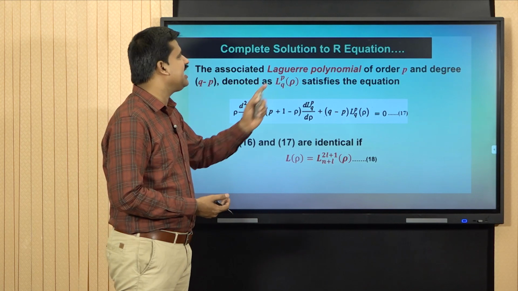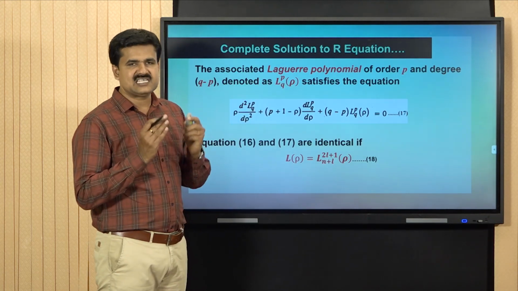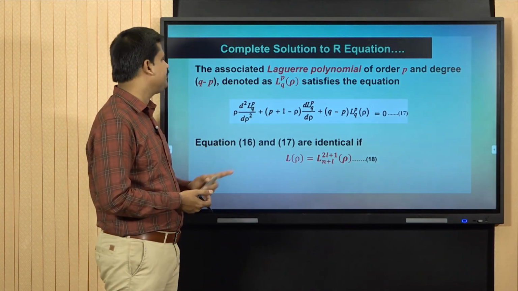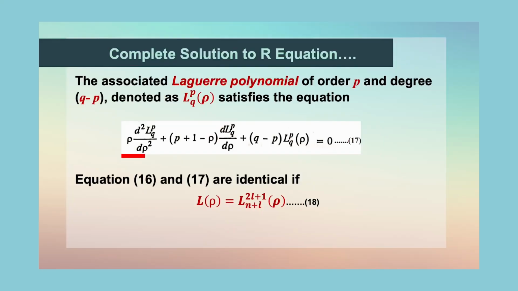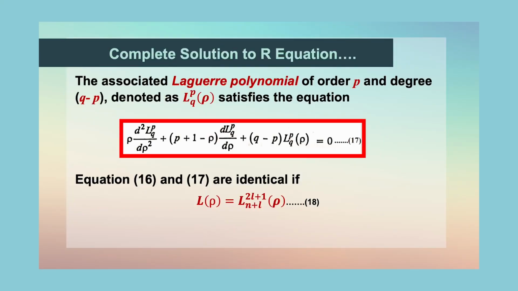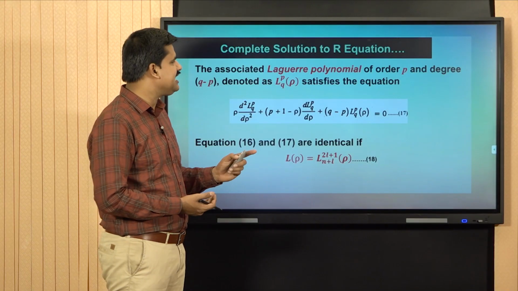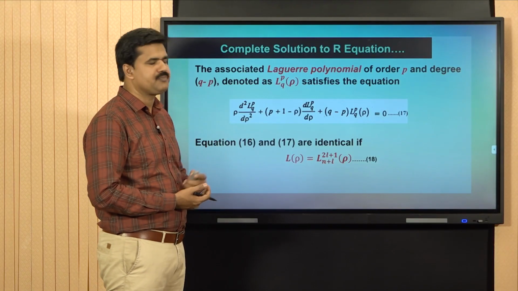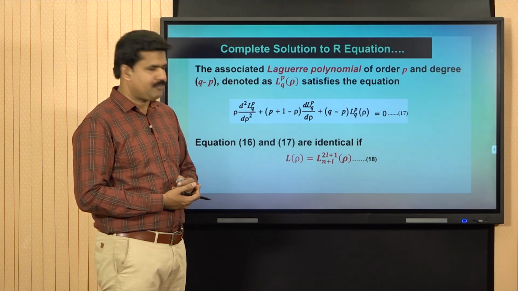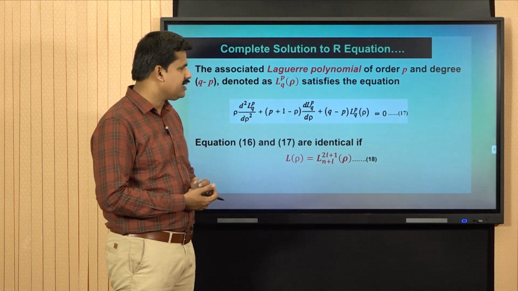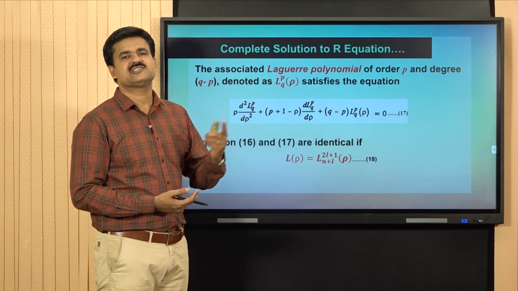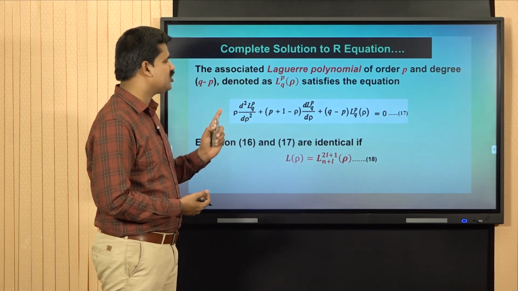And this Laguerre polynomial satisfies this equation: rho into d square L Q raised to P divided by d rho square plus P plus 1 minus rho into dL Q raised to P divided by d rho plus Q minus P into L Q raised to P rho is equal to 0.